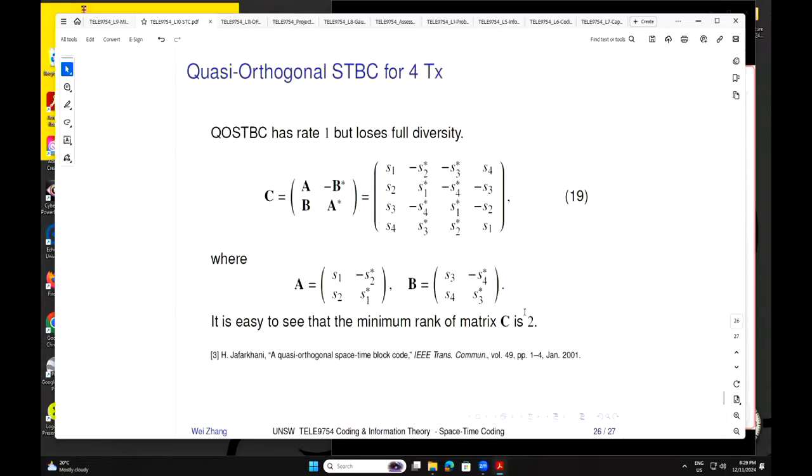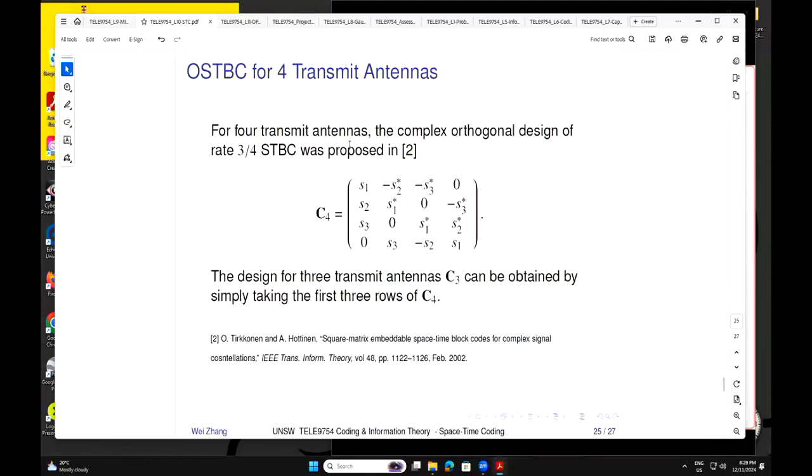For the orthogonal code, you may understand why it's orthogonal. We say this O means the orthogonal STBC. This orthogonal means it's the same as the Alamouti code, because the matrix is orthogonal. That means if the matrix itself is multiplied by its Hermitian, it leads to a diagonal matrix.